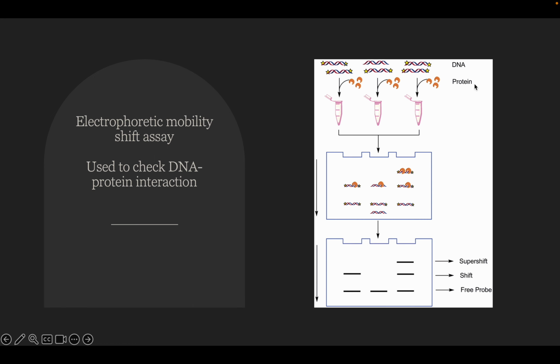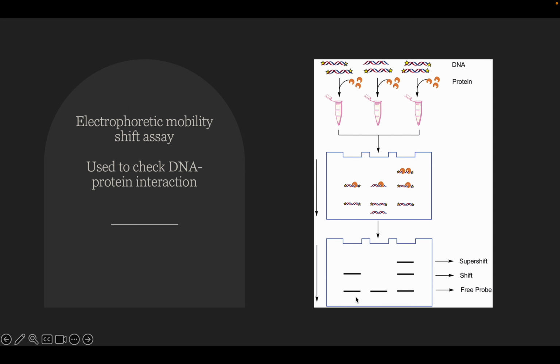Because of the increase in size from their interaction, they will move slower, like I have explained in Western blotting and Southern blotting, that the higher the molecular weight, the closer to the top they will be because they will not move much faster. So if they are interacting, they will be of high molecular weight and will stay at the top. Then you can see the shift in the probe.